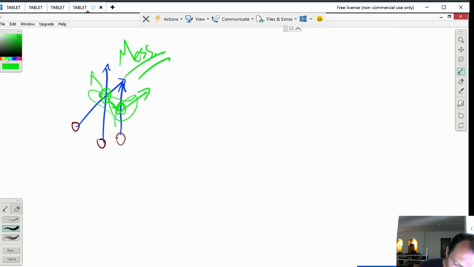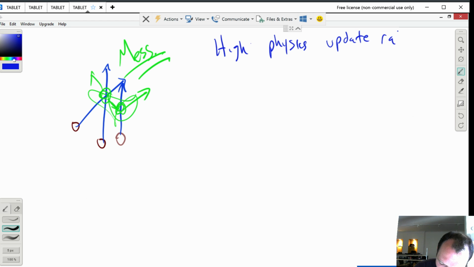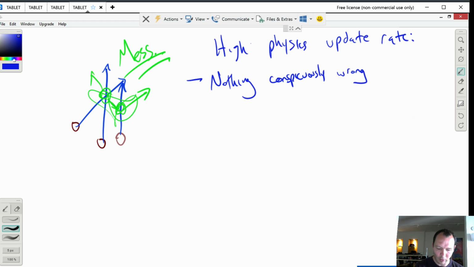So as long as there's nothing conspicuously wrong, a high frame rate or high physics update rate means nothing conspicuously wrong, and can be made consistent with a fixed time step.